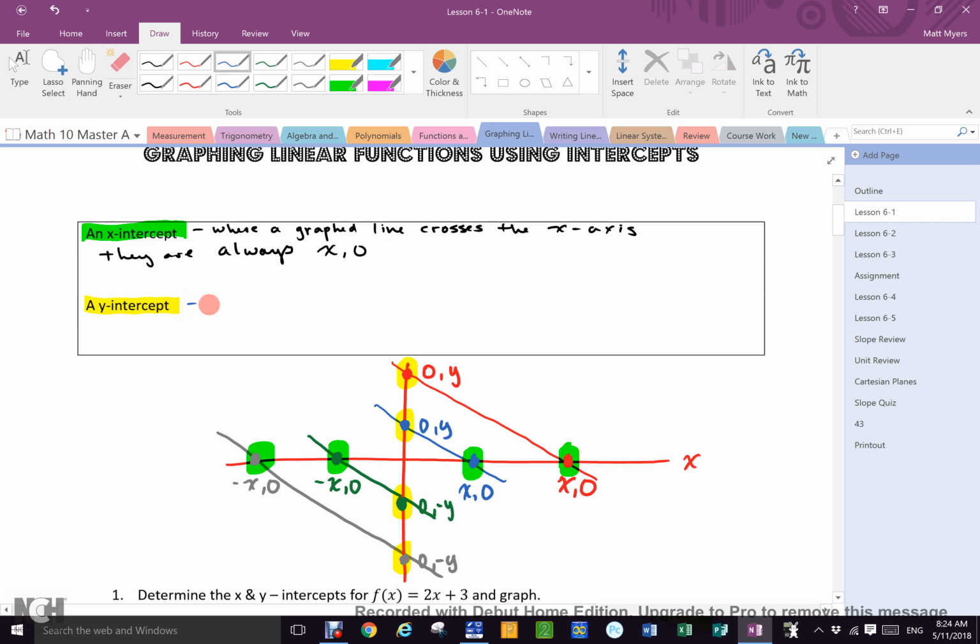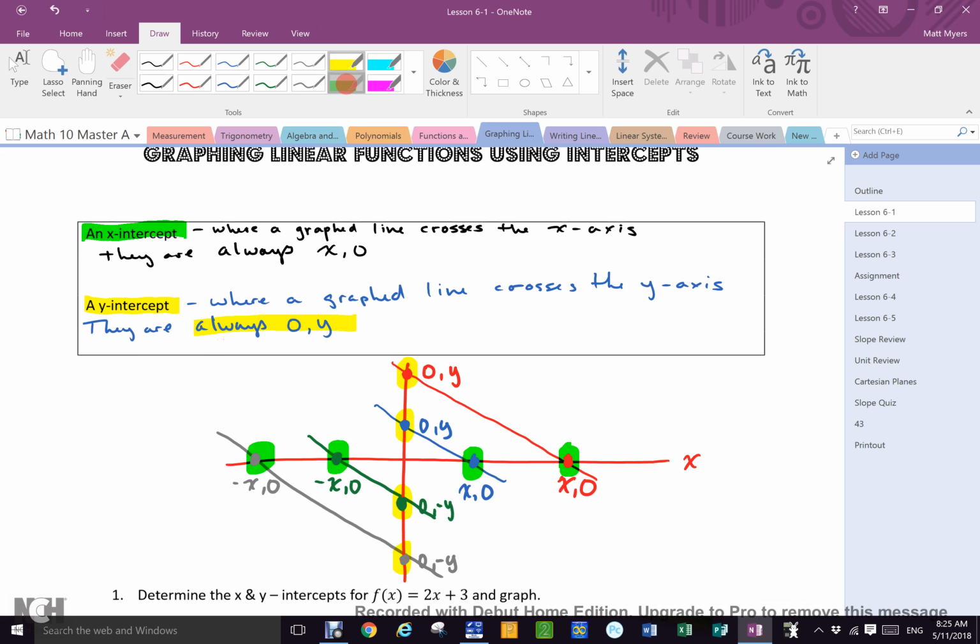The y-intercept then is the same thing, except it's where a graphed line crosses the y-axis. And they are always zero comma y. Always and always. Does everybody understand this concept?